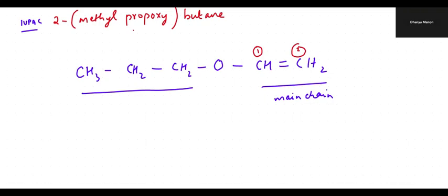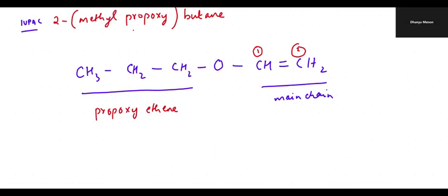So here, this is our propoxy. There are 3 carbon atoms here, so this will be the propane group. So propoxy ethene. Okay, I hope I'm clear here.